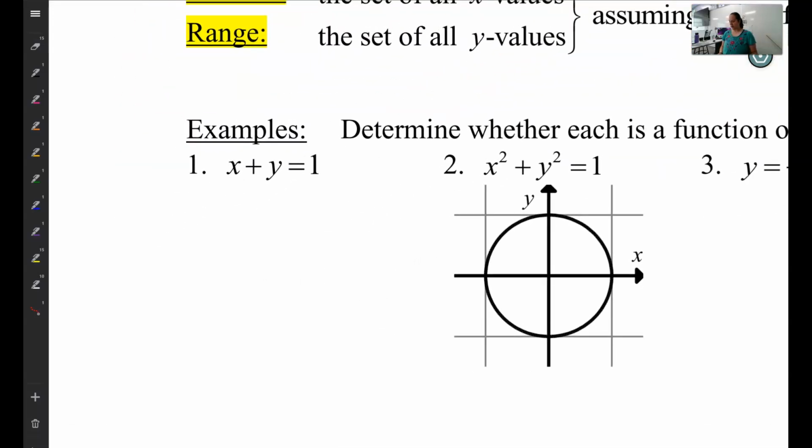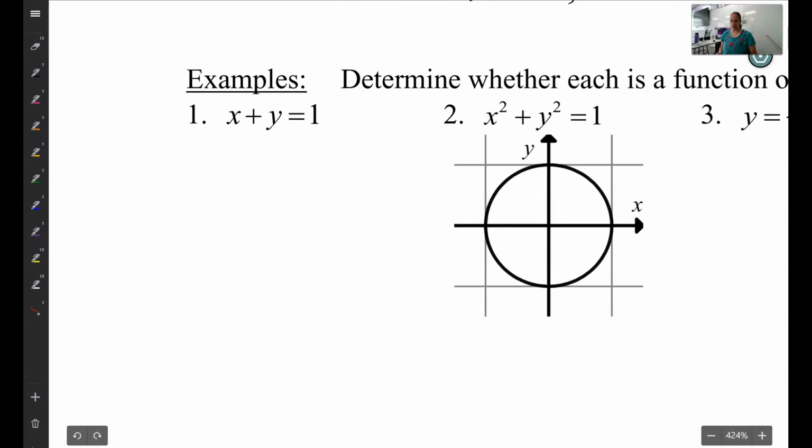We are trying to figure out whether each equation or relationship is a function. Like I said, easiest way to do this is to imagine graphing. And if we're going to graph, we need to solve for y. So I'm going to solve this first one for y. So I get y equals negative x plus 1.